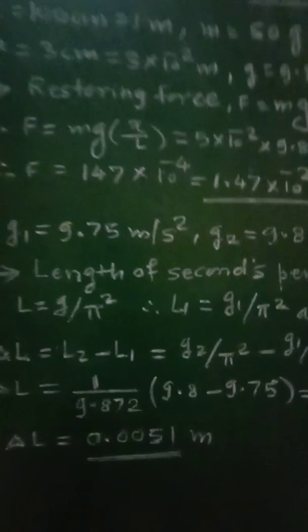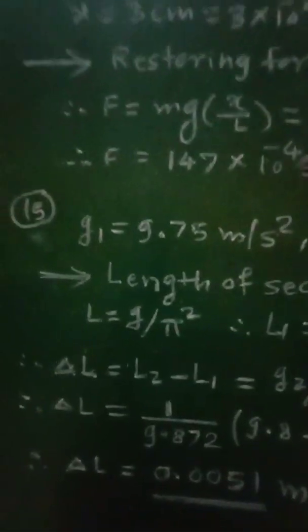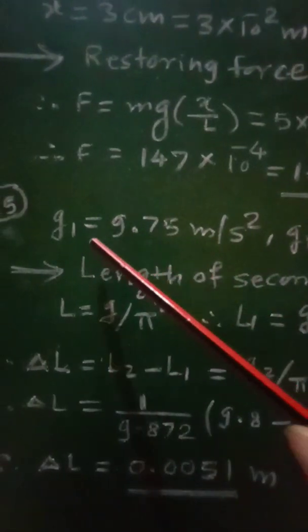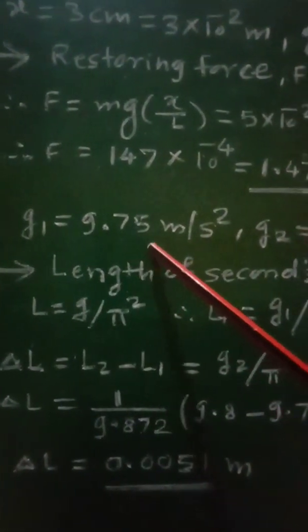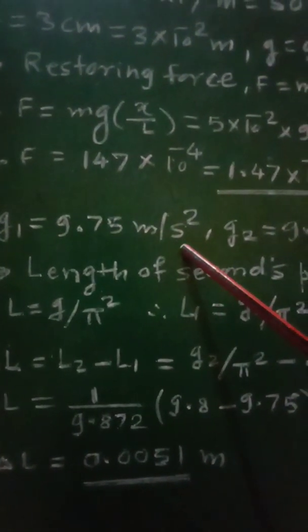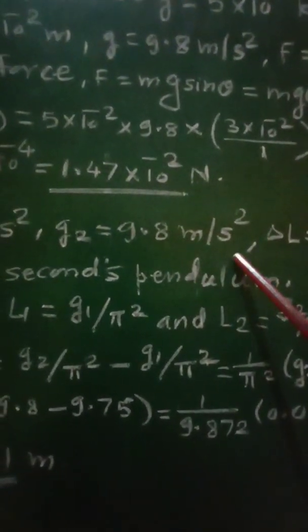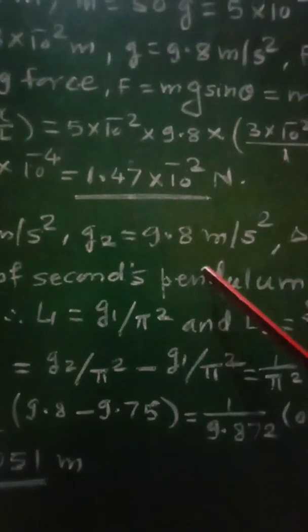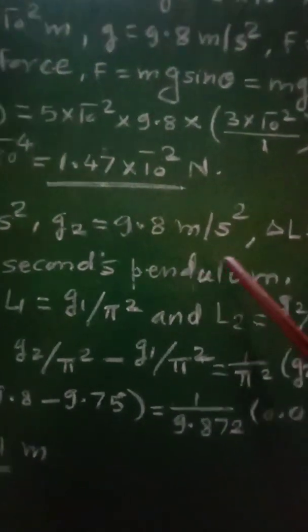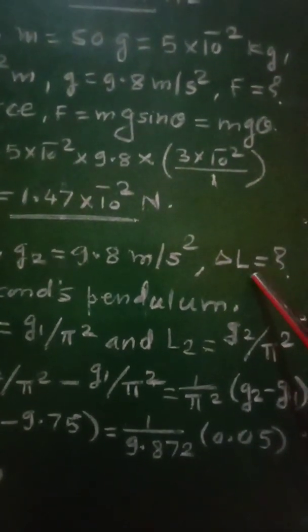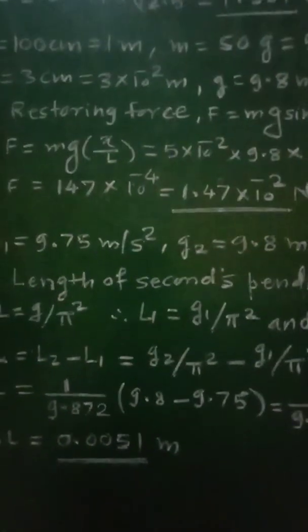And therefore in this numerical given data is two values of acceleration due to gravities are there, that is g1 equal to 9.75 meter per second square, g2 is equal to 9.8 meter per second square, and for these two values of acceleration due to gravity we have to find out the change in length, that is delta L of the seconds pendulum.